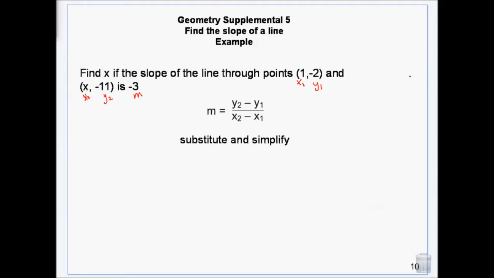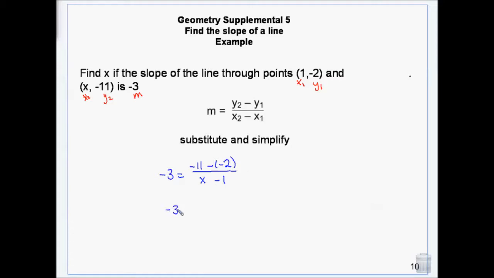So what I do is plug in everything that I do know. So I have negative 3 is equal to negative 11 minus negative 2 over x, that's x2, minus 1. This is y2 minus y1 over x2 minus x1.